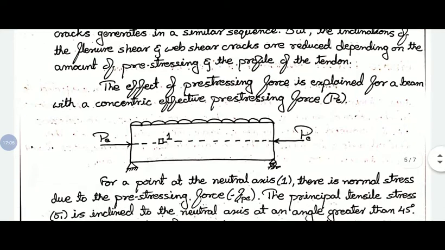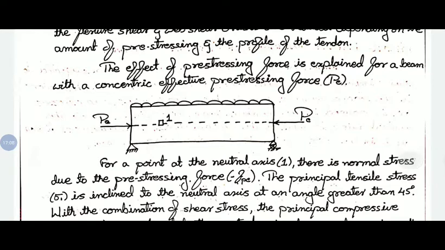So if you observe the figure, the effect of pre-stressing force is explained for a beam with concentric effective pre-stressing force. So the tendon is straight and passing along the neutral axis or axis of the beam, so that is concentric pre-stressing force.